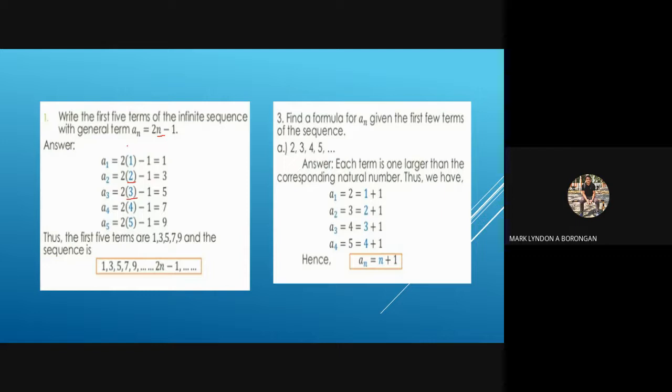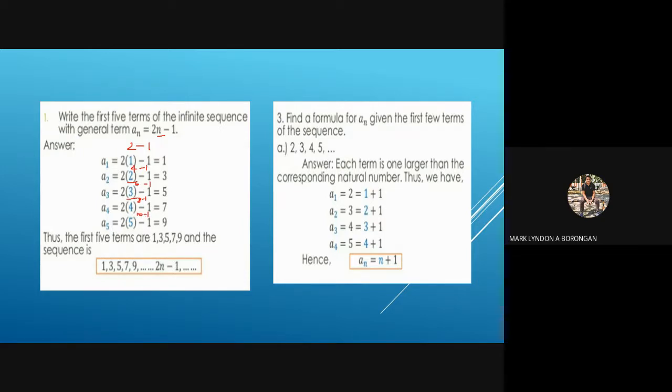So 2 times 1 minus 1 is 1. 2 times 2 is 4 minus 1, that is 3. 2 times 3 is 6 minus 1, that is 5. And then 2 times 4 is 8 minus 1, which is equal to 7. And then 2 times 5, which is 10, minus 1, which is equal to 9.